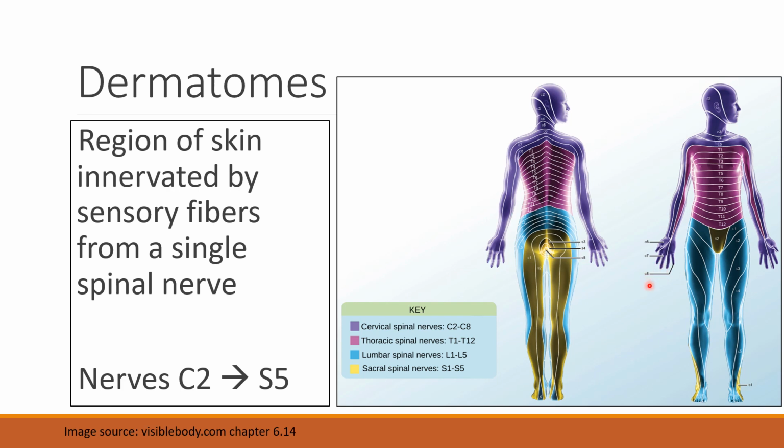It's hard for me to see, but this one looks like C8. Very, very fine print. So if it's involving this fifth finger over here, maybe there's a problem with the C8 nerve root. You kind of see how C8 is right in this zone right here. Maybe you can't see because it's so small.